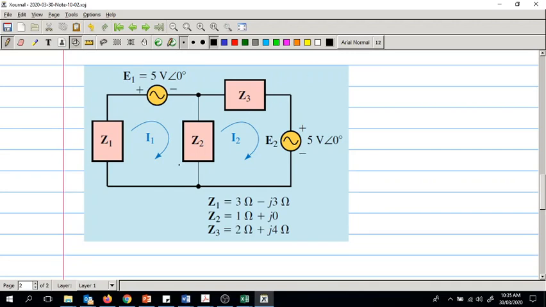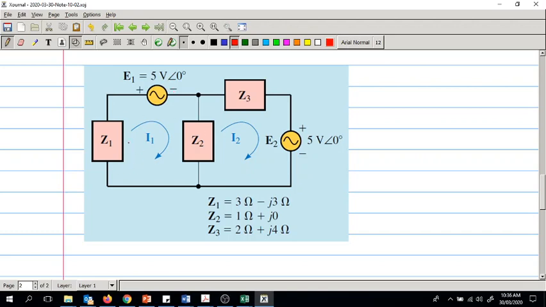Again, I'll mark the voltages. We'll use red color for that. Clockwise currents are marked. Note that this is complex, this is complex, this is complex, all these parameters are now in general complex numbers.